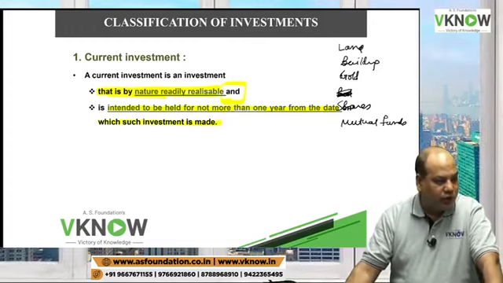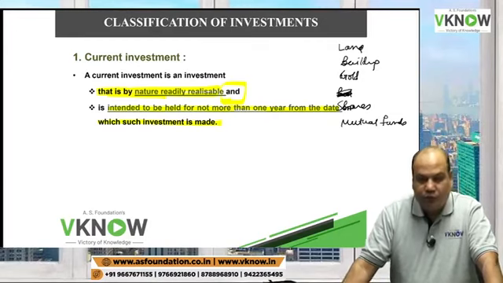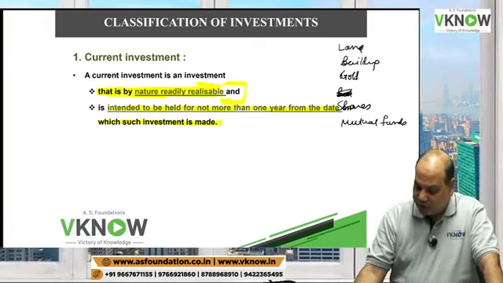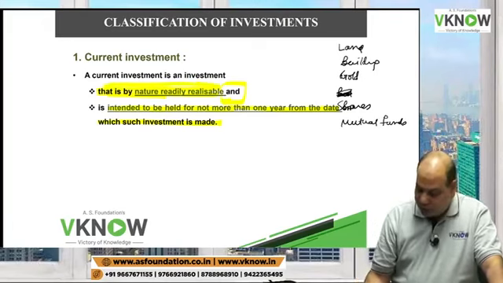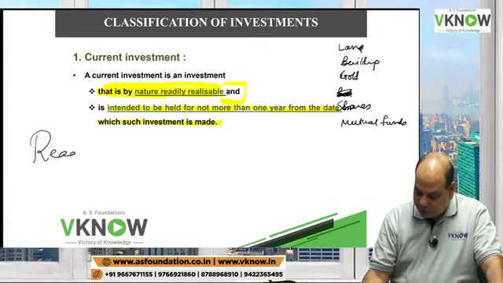So we are going to repeat it again. The first condition is that they are by their nature readily realizable. Then your query will be, what is readily realizable?